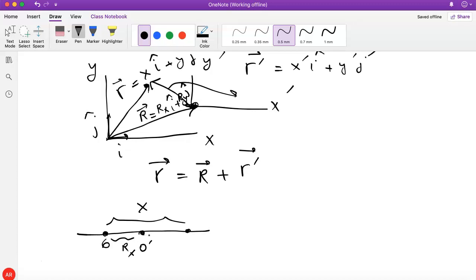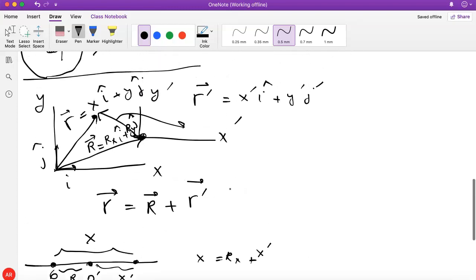If the coordinate of this point in this new coordinate system is x prime, I can write x is Rx plus x prime, right? It doesn't say anything more than that.